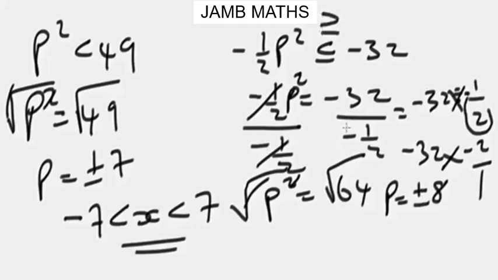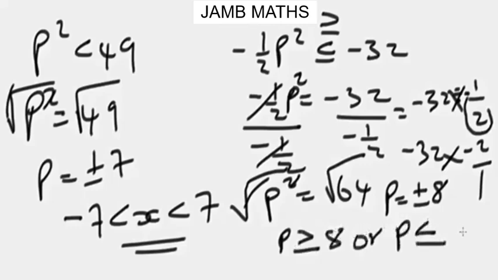Very important, guys. Now, since it's greater than or equal to, to represent the answer plus or minus 8 using inequality convention, we're going to separate using or. Since it's greater than or equal to, not less than or equal to, p is greater than or equal to 8 or p is less than or equal to negative 8, and that will be the answer to this problem. It's as simple as that.